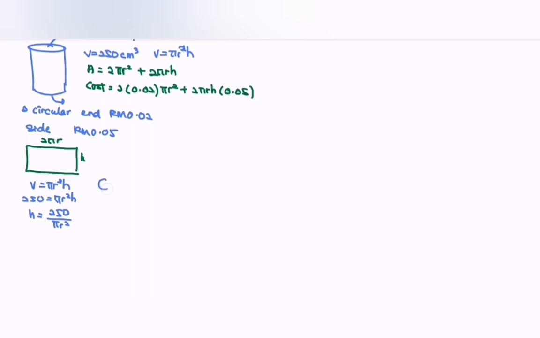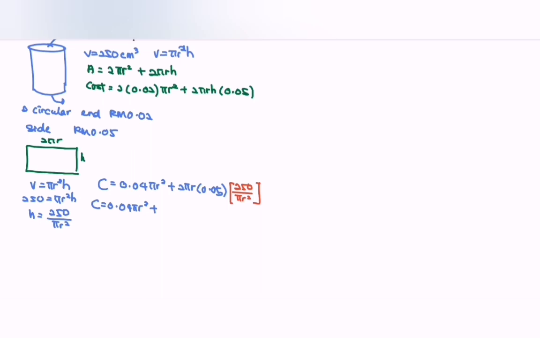The capital C represents the cost, and we have 0.04 pi r squared, plus 2 pi r, substitute 0.05, and then the h.